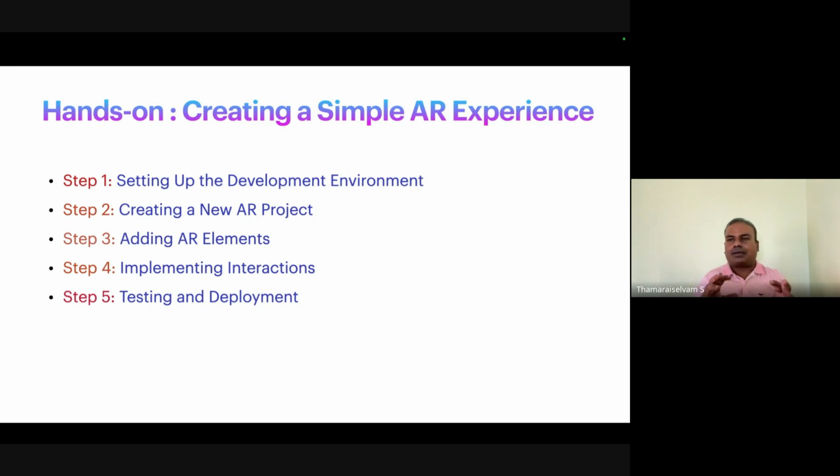After determining what assets are required for your application development, you can implement the various interactions with the objects and the user. What are all the possible interactions that can be demonstrated between the user and the augmented reality elements in the application? Finally, in any application, we require testing.